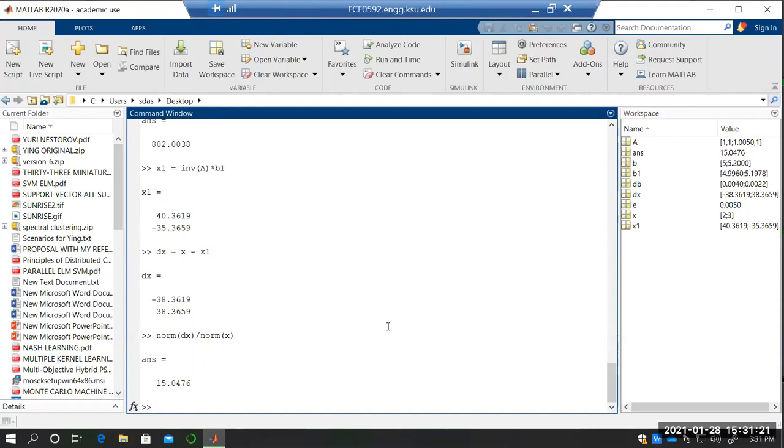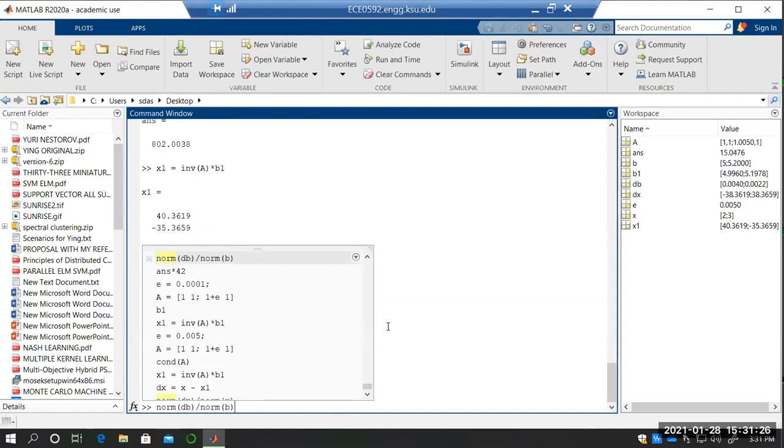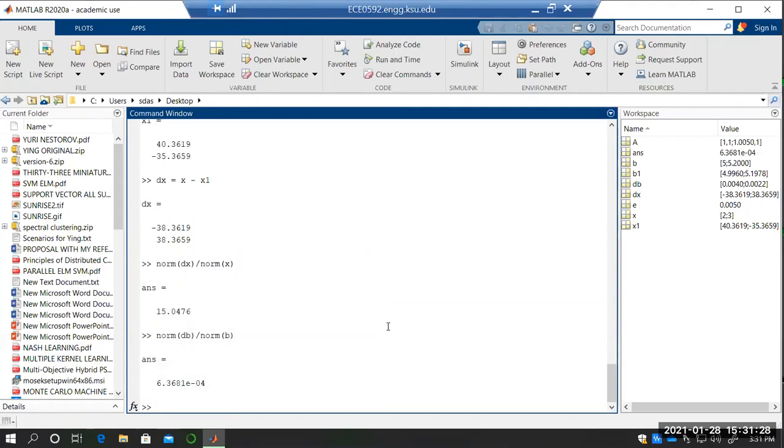And what's the fraction error in B? This. But because of the condition number, the condition number of A times this is this much. Why did I get 15?